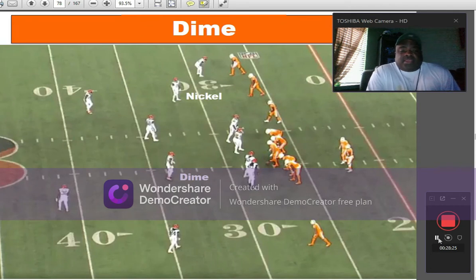And like I say, you have different packages. That nickel and that dime person, that's 6 defensive backs that they are using. They kept the Mike in, and they could take out the Will linebacker and put another cornerback or safety in, and it's considered a dime package.